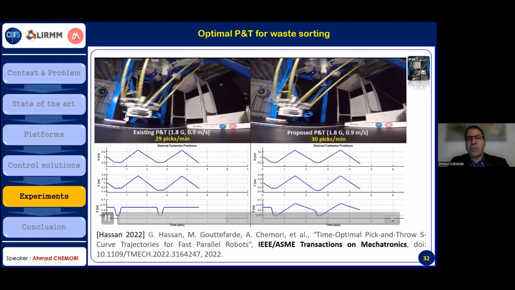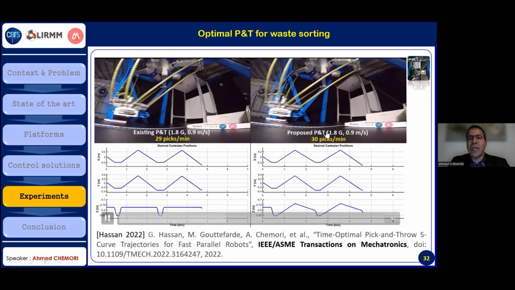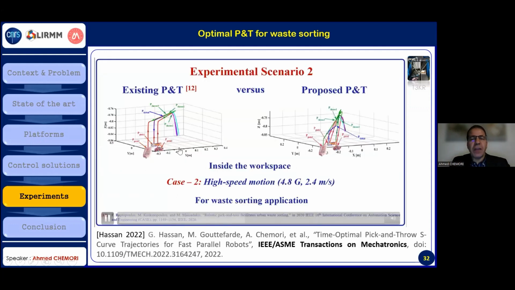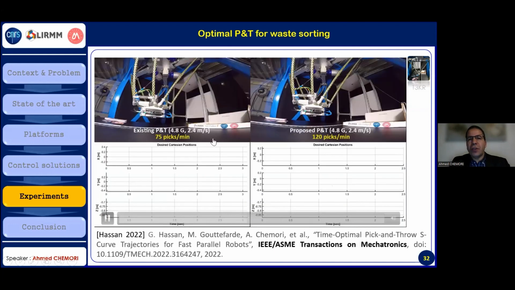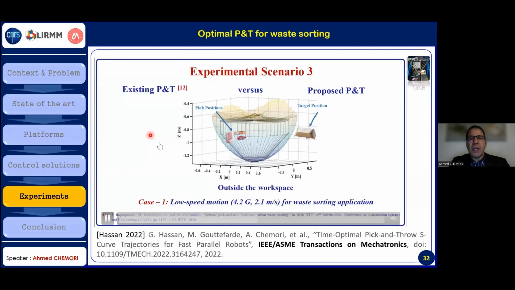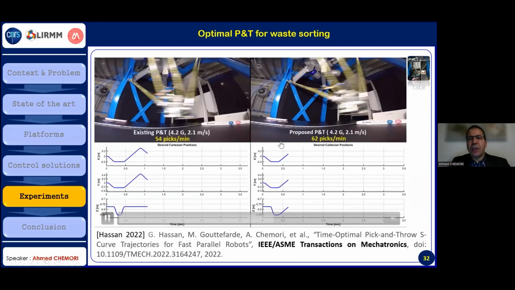And we try to show that for the pick and throw, we can have more picks per minute. And here we compare the proposed one with another existing pick and throw solution from the literature. And here is the third experimental scenario, where we can see that we have more picks per minute compared to the existing pick and throw solution. And we can throw the objects outside of the workspace.